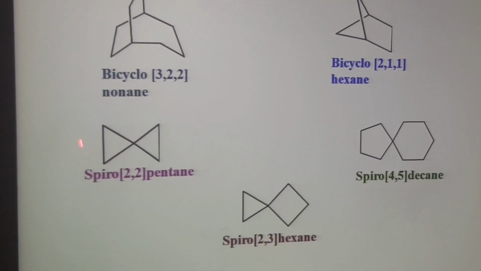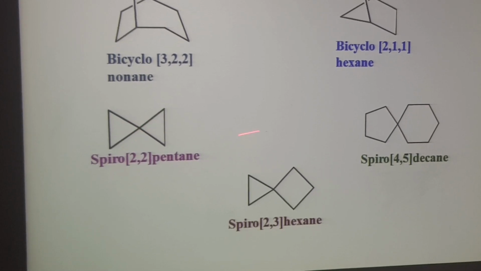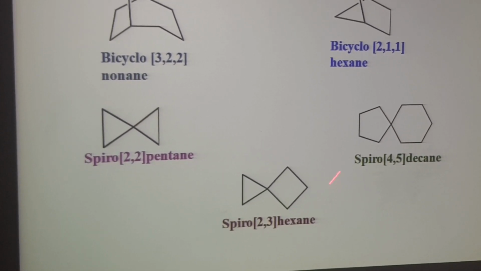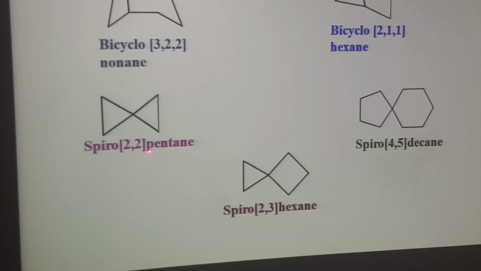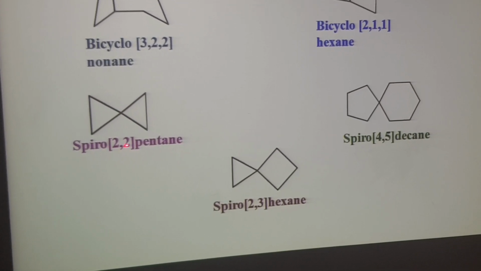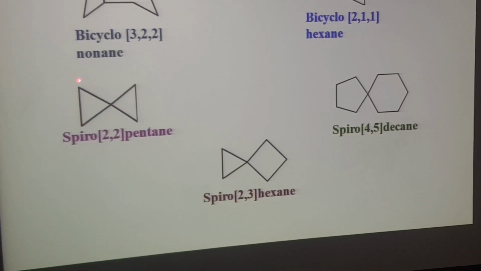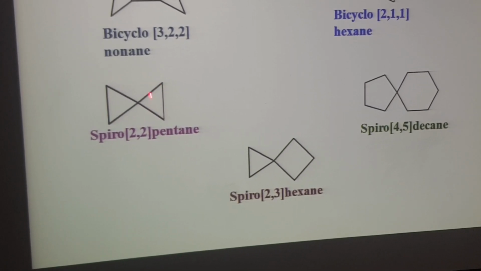Spiro compounds are those in which 1 carbon is shared between these 2 rings. So these 3 systems contain Spiro structures. So name of this molecule is Spiro 2,2-pentane. So Spiro is for this ring system, and 2 shows number of these carbons in both these rings, and pentane, total 5 carbons are present here.